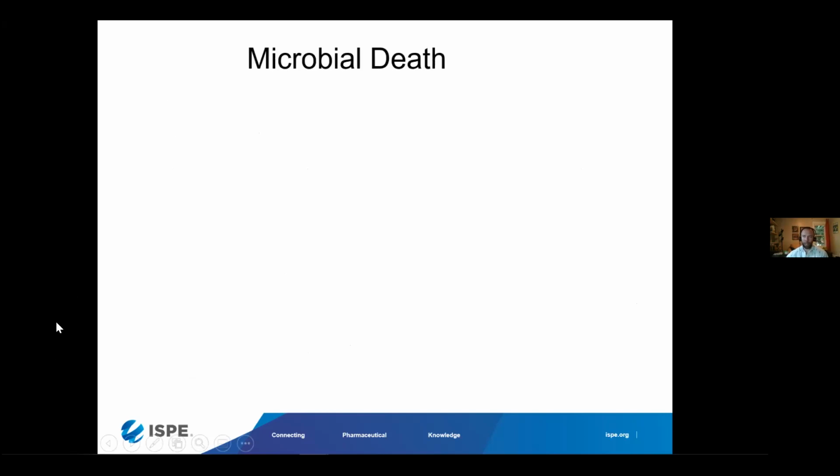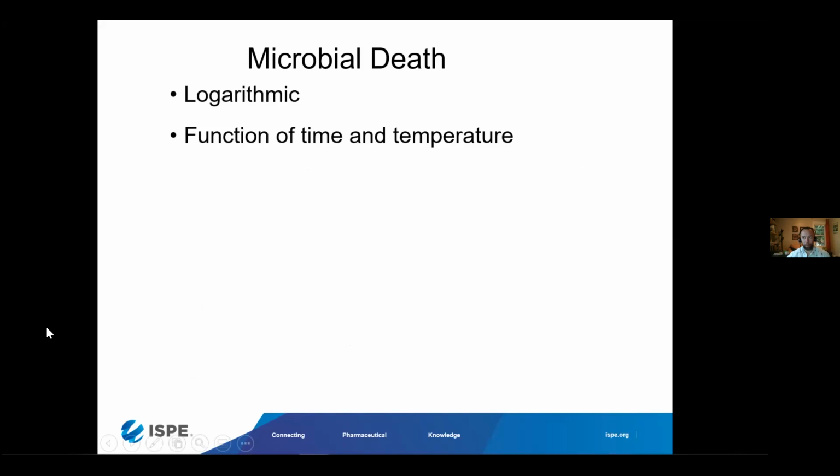Okay, I introduced the concept of reducing a population of organisms in order to show microbial death. This happens logarithmically. So it's a function of time and temperature. As time increases, temperature can be less, and you will achieve the same level of microbial death. Likewise, if temperature increases, you need less time in order to reduce that microbial population.